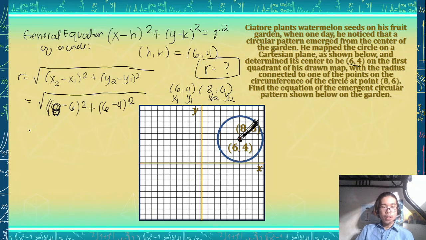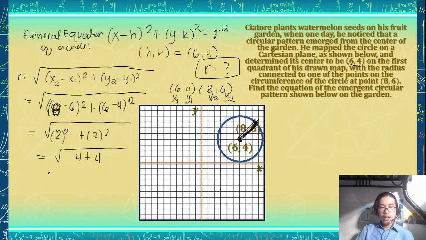That gives us 2² plus 2². And what's 2² plus 2², guys? That should just give us 8. So the radius is equal to the square root of 8, or simply r is equal to 2√2 for this problem.